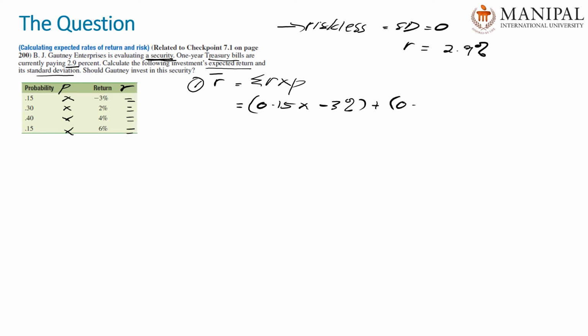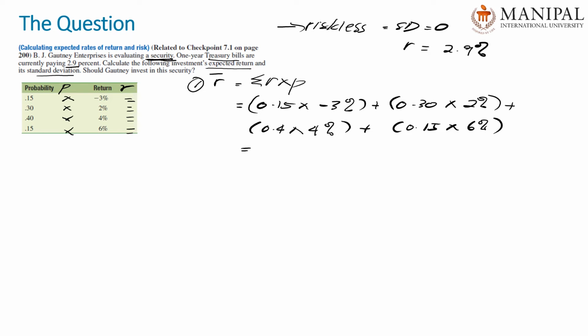So you have to change at least one of them into a decimal. Plus 0.3 multiplied by 2%, plus 0.4 times 4%, and plus 0.15 multiplied by 6%. So you can simply calculate.